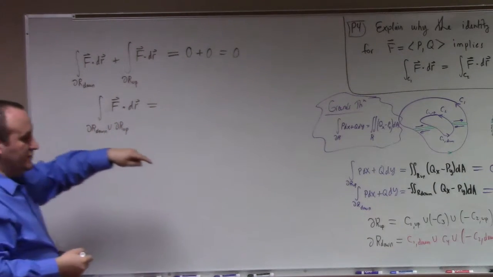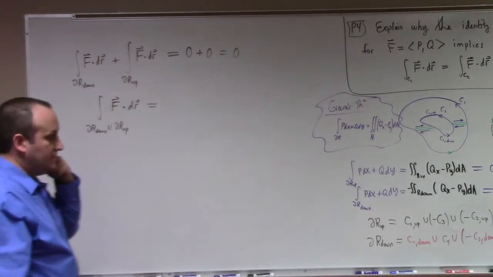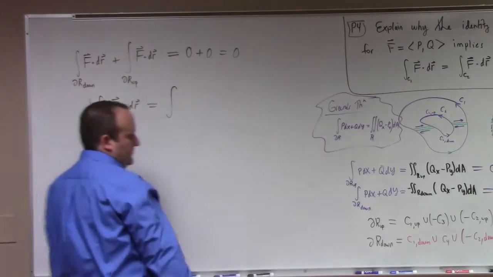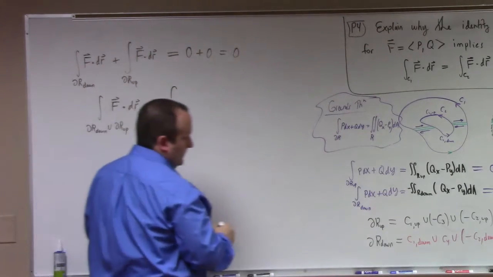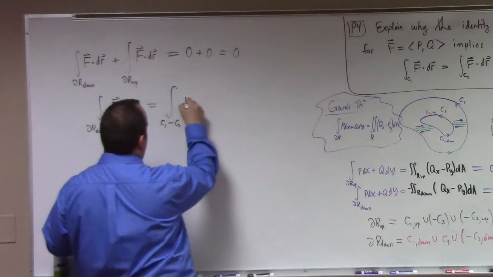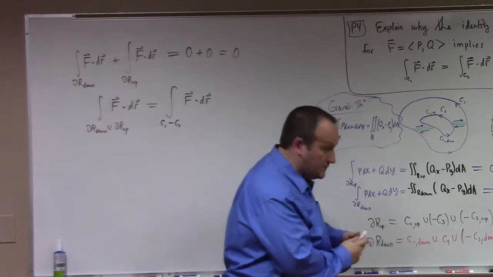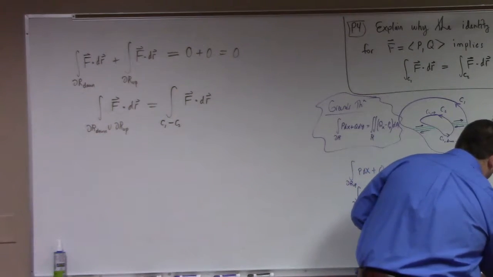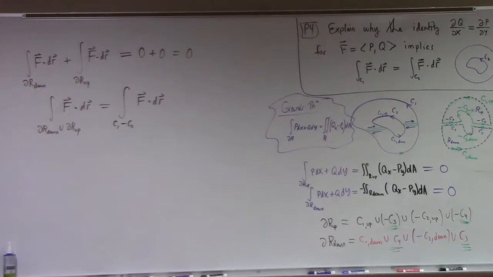So what happens when you union these two curves together? What are you left with as a point set? What you're left with is C1. Yeah, C1 minus C2. See, because the crosscuts, when you put the two curves together, they just cancel out. Those just cancel out when we look at the combination of the integrals.